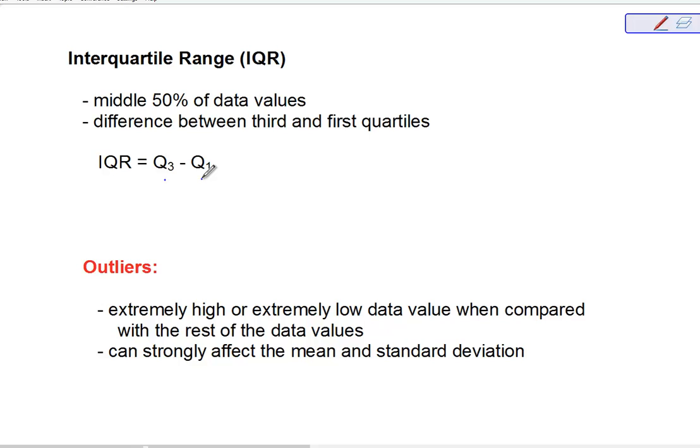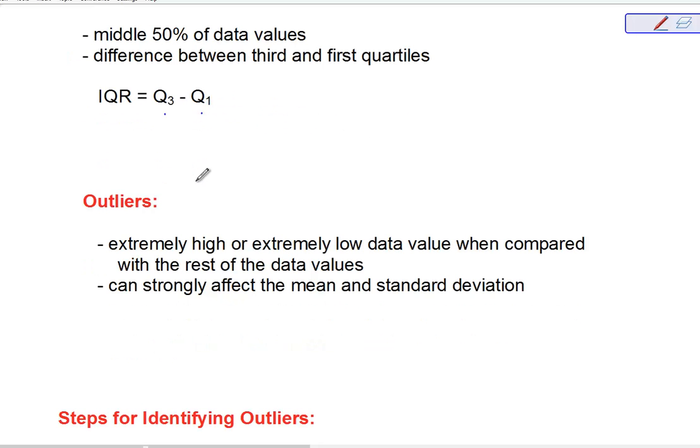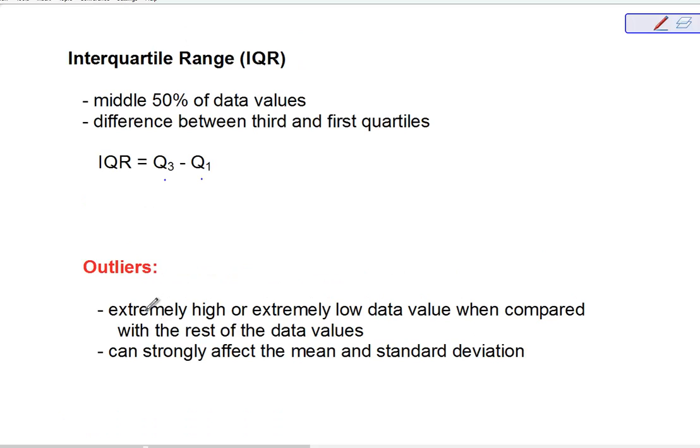The reason why we do this is we use the IQR in order to look for outliers. Outliers are extremely high or extremely low data values when compared to the rest of the data set. These are things that can drastically affect your mean or your standard deviation.